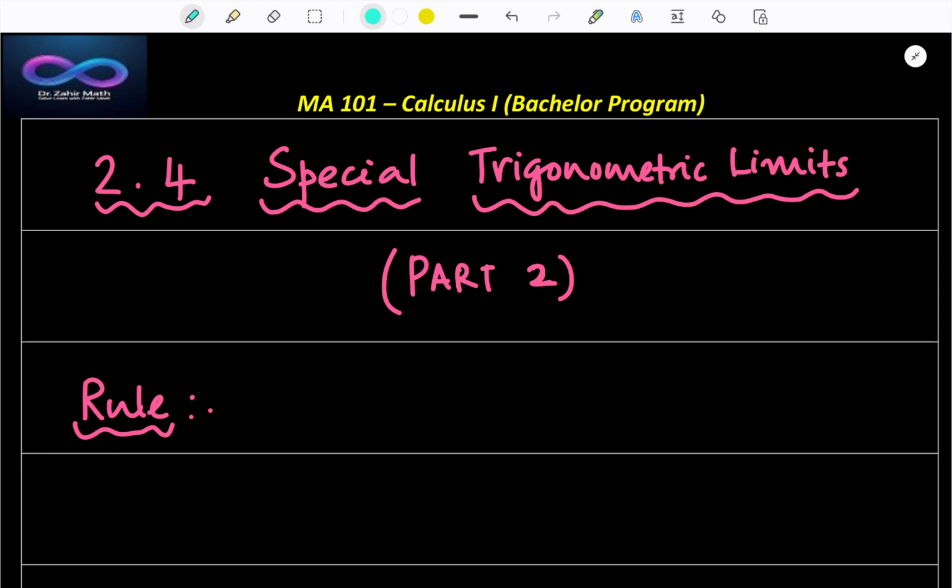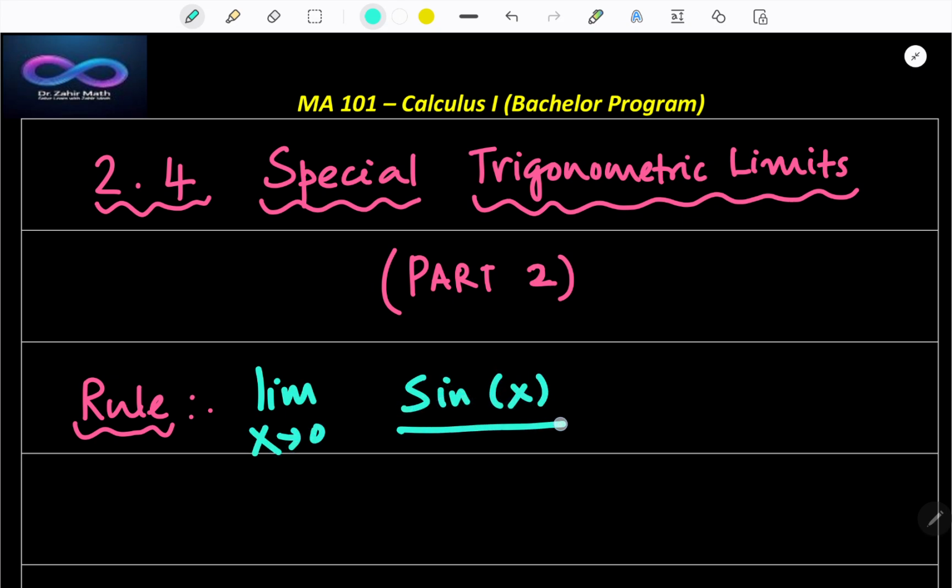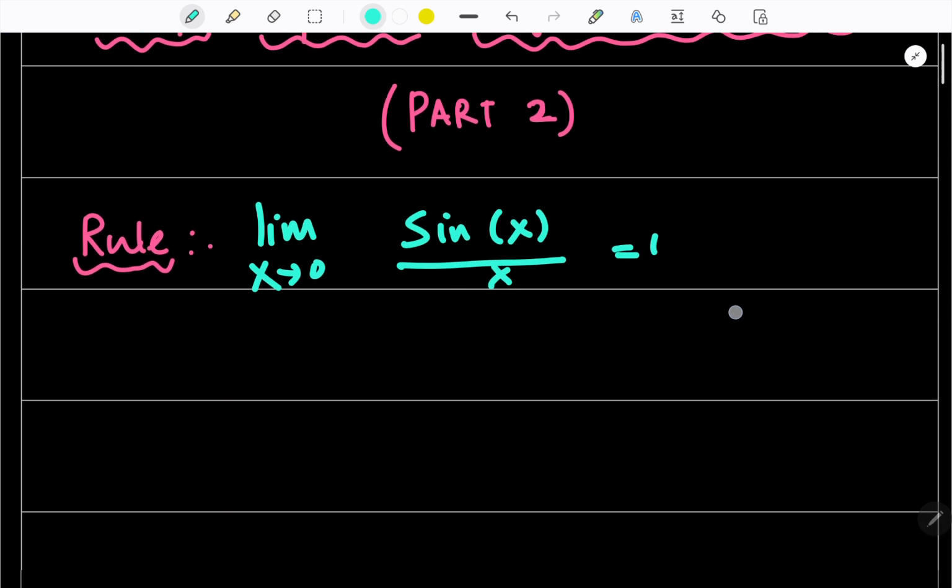In this video, I'm going to teach you exercise 2.4 part 2. Part 1 is derivatives of trigonometric functions. Now part 2 is special trigonometric limits, which is the most important limit properties. What is that? Limit x goes to 0, sine x divided by x is equal to 1.